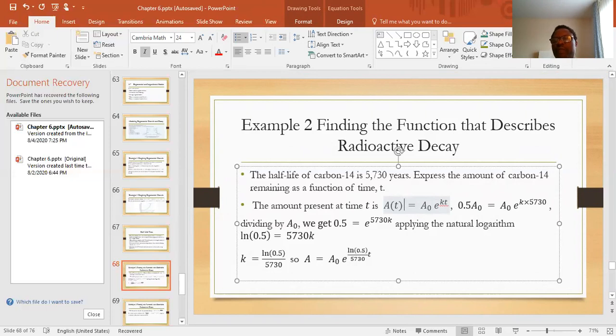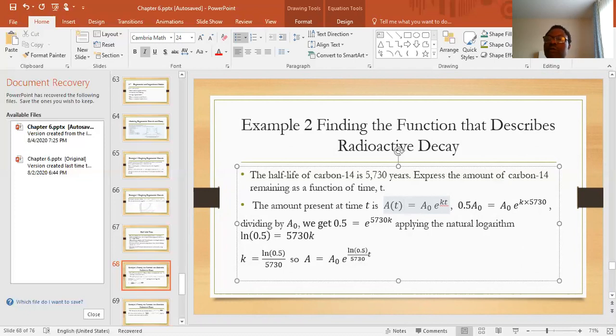So using the half-life formula, we can find the value of K by solving the equation. Half of A0 will occur when t equals 5,730. Fitting it into the equation, we have to solve the logarithm of half equals 5730K. So K equals the logarithm of half divided by 5730.